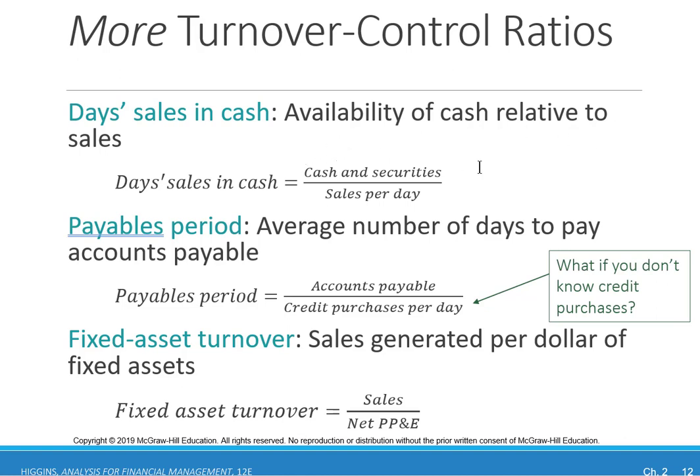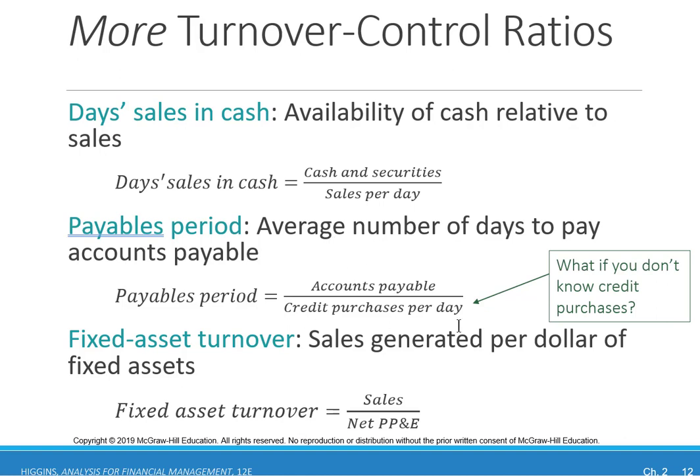Again, you take cash and securities, divide it by sales per day. This gives us an idea of, based on our sales, how much money we have in the checking account. We also have something called the payables period.